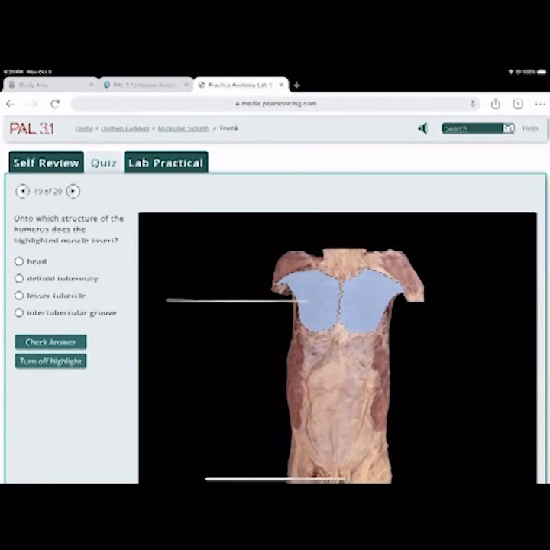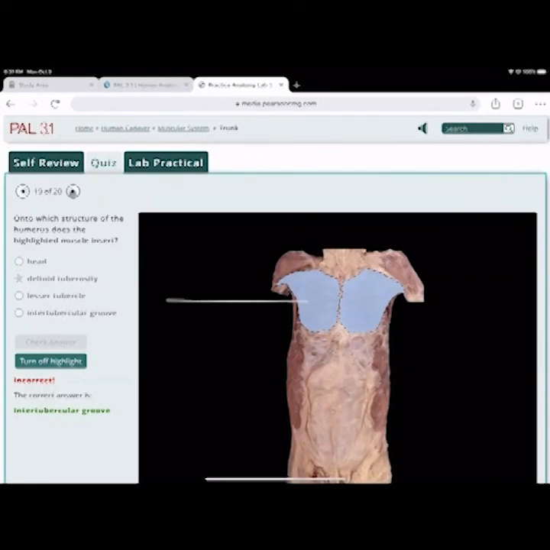What's a good guess? It's not the head because that goes into the joint. Not the head. I was going to say the deltoid tuberosity. Just my guess, though. The intertubercular groove is where the pectoralis major attaches to. We haven't covered that yet.